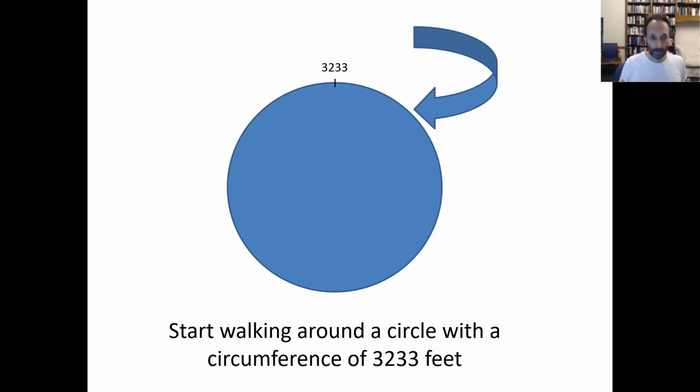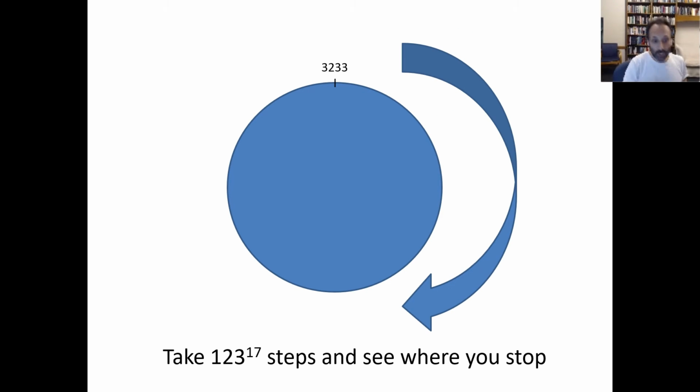Now, what does that mean? One way to think about this is you imagine a big circle, and the circle has a circumference of 3,233 steps. If you take 3,233 steps around, you get to your starting point. What the process of encryption says is walk around this circle 123 to the 17th power steps and see where you stop.